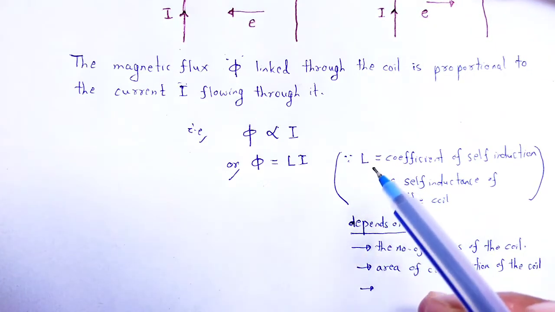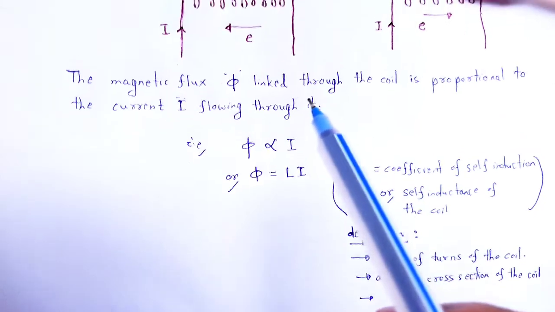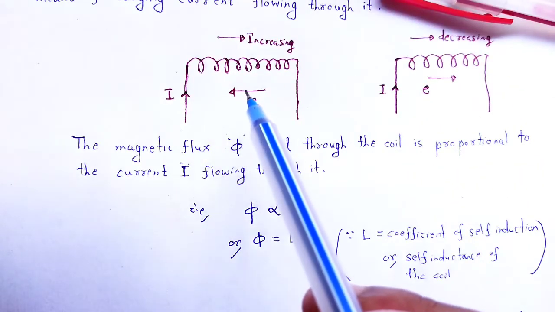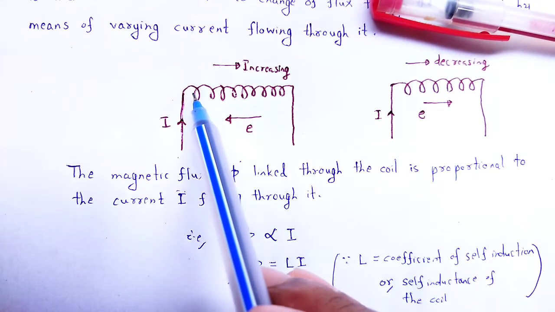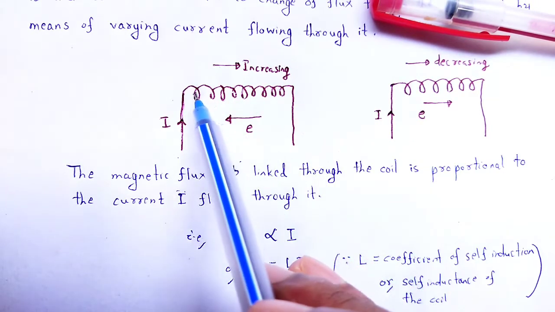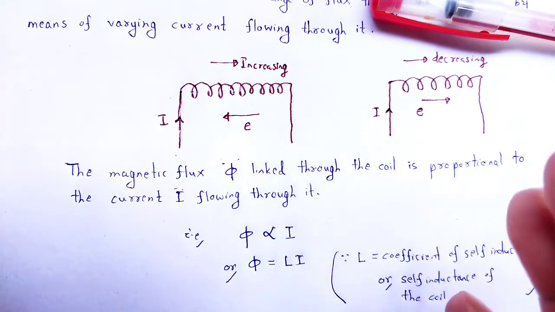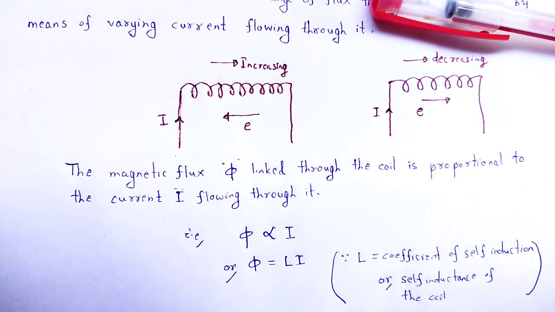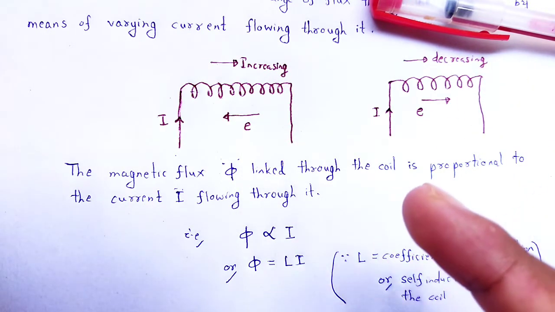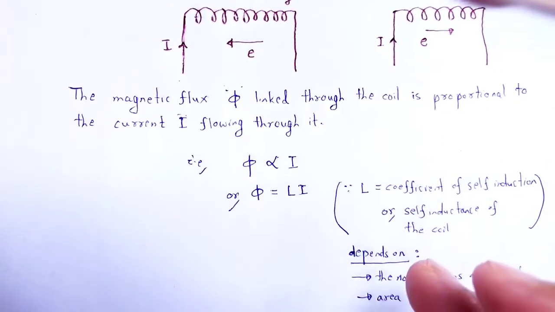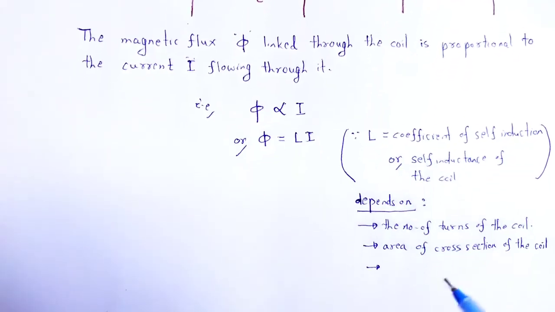And also the nature of the material of the core on which the coil is wound. If that core is a material like conductor, insulator or any kind of dielectric, then that affects the self inductance.